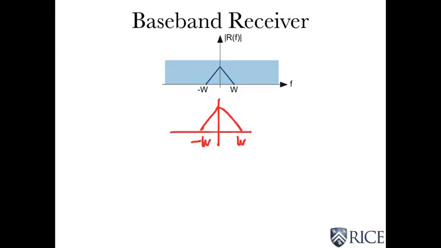So it has the highest frequency of W. It has a bandwidth of W. The so-called bandwidth is equal to W. And again, bandwidth is defined to be that portion of the positive frequency axis over which the signal is non-zero. So there's our good old message signal, M of f.